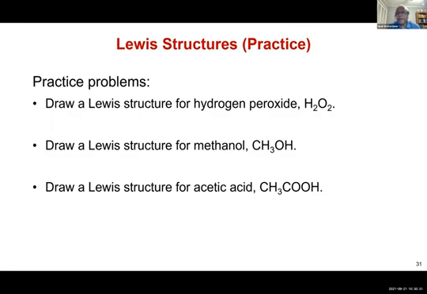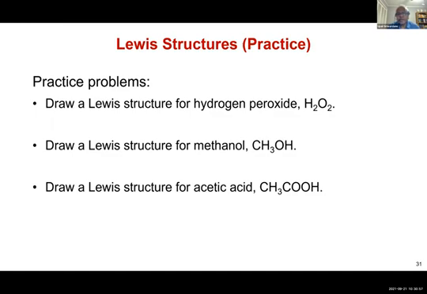In hydrogen peroxide, 2 oxygens are bonded to each other, and 1 hydrogen is bonded to each oxygen atom. In methanol, carbon is bonded to 3 hydrogens, and then carbon is bonded to OH. You have to kind of know.